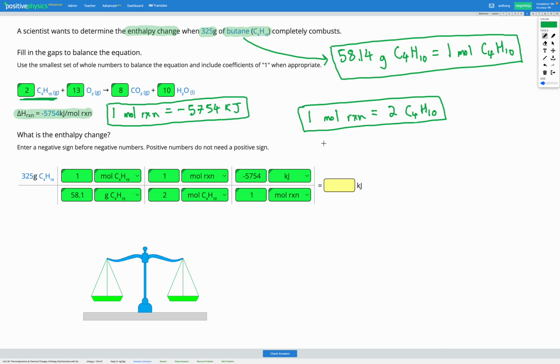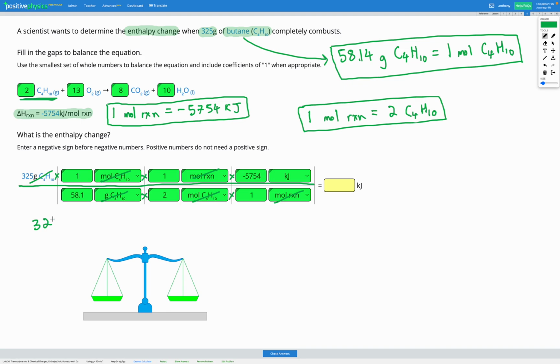Awesome, so we filled out all our steps. Now we need to go ahead and calculate our answer. So we're going to multiply everything on the top of our fraction, multiply everything on the bottom of our fraction, and divide the top by the bottom. And any units that are the same top and bottom will cancel out. So grams of C4H10 cancel, moles of C4H10 cancel, and moles of reaction cancel.